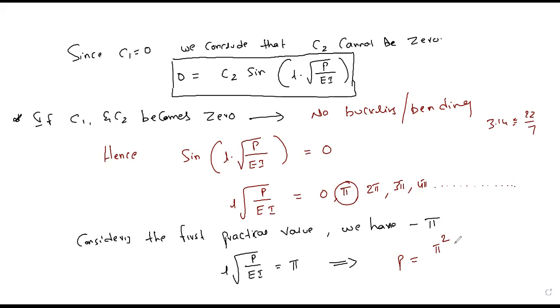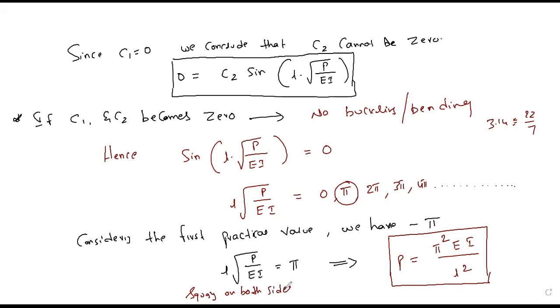Pi square. Because just squaring on both sides, what happens? Pi square EI by L square. Squaring on both sides. P is equal to pi square EI by L square.